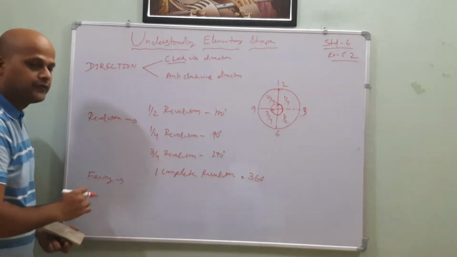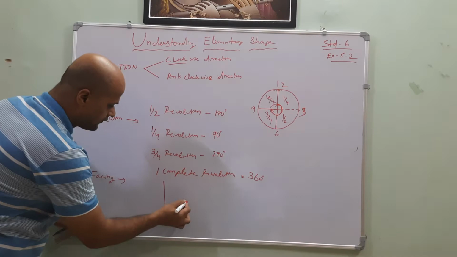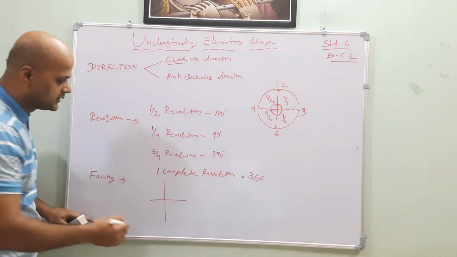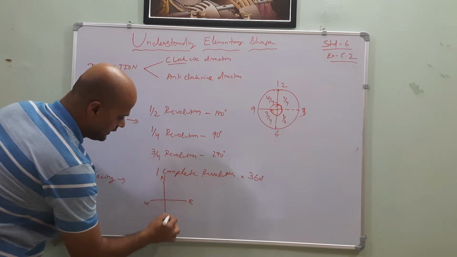Now come to the facing. There are 4 types of facing. Facing means direction: east, west, north and south.